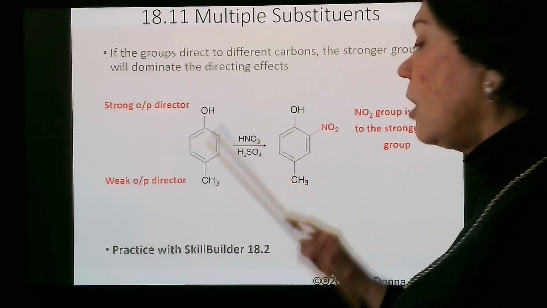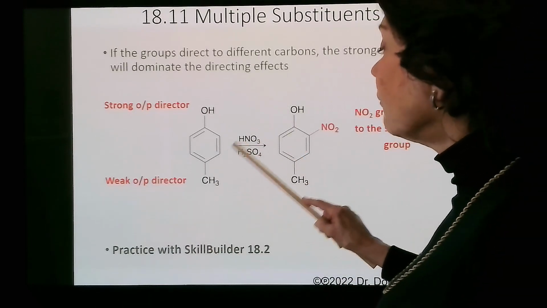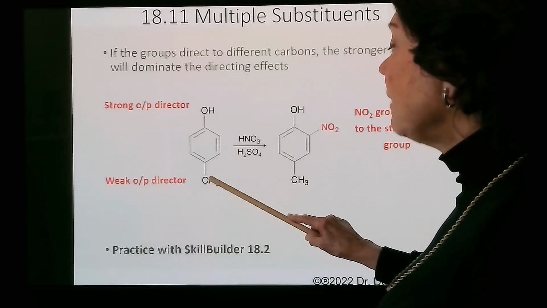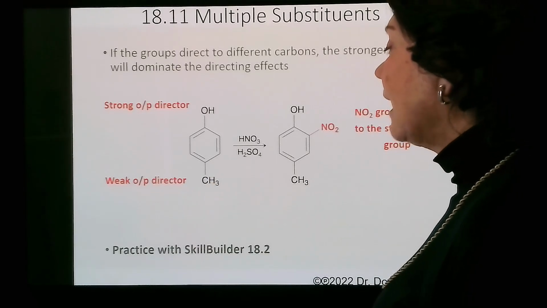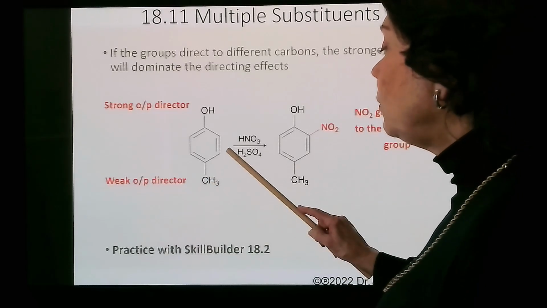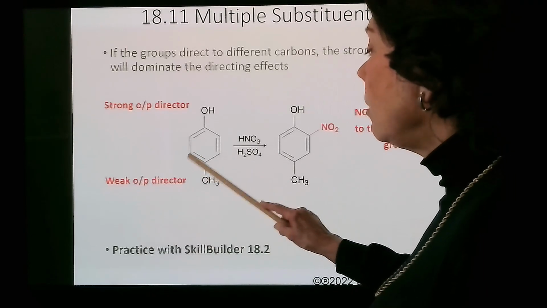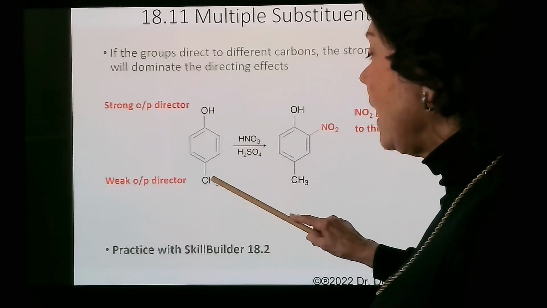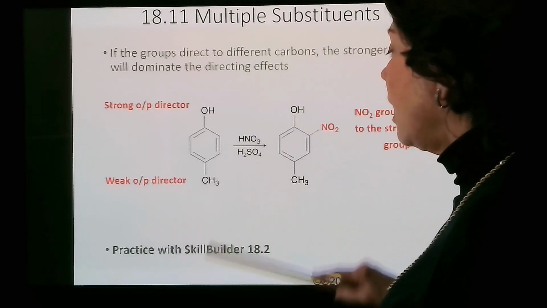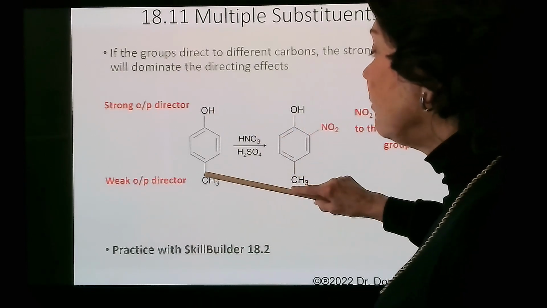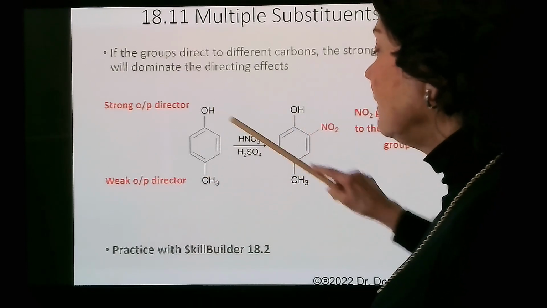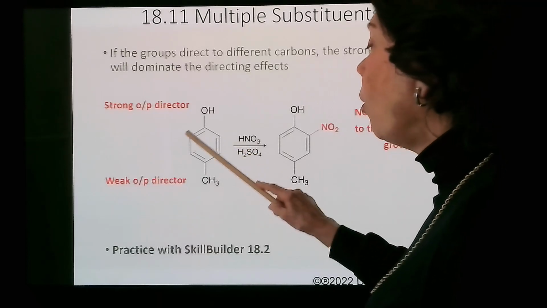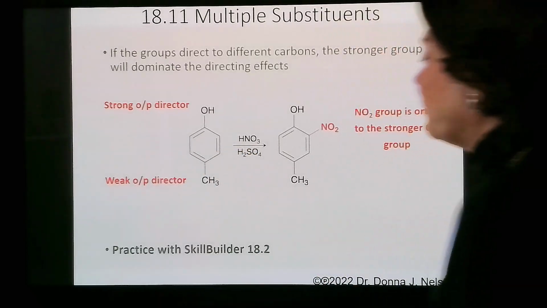It could be nitro, it could be something else. Whatever the incoming group is, the methyl will direct that incoming group to positions ortho or para to it. The para position is already occupied. So each of these is directing the incoming group to go ortho to it.